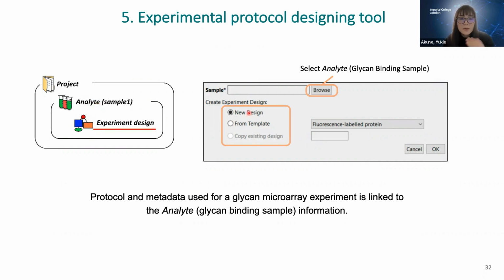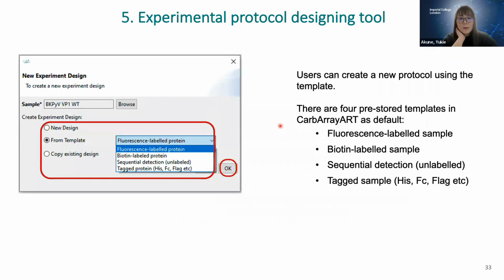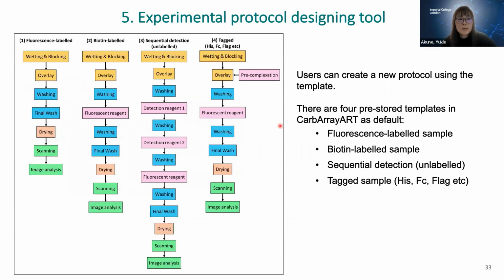So you can again create the experiment protocol from scratch, or if you have entered before, you can copy from your history, but also you can create the experiment protocol using the templates we saved as default in CarbArrayART. So this is the list of the templates.